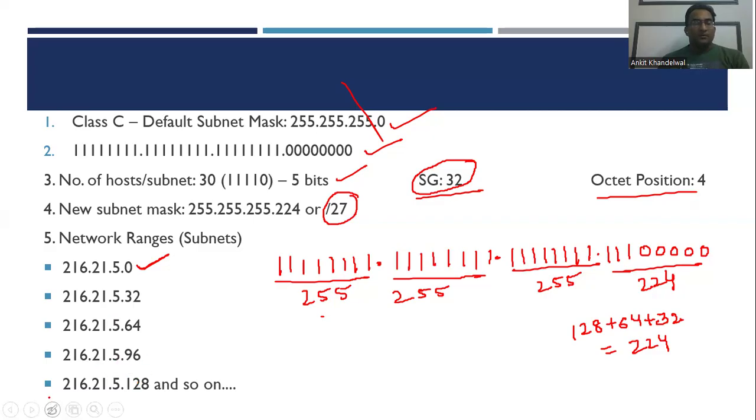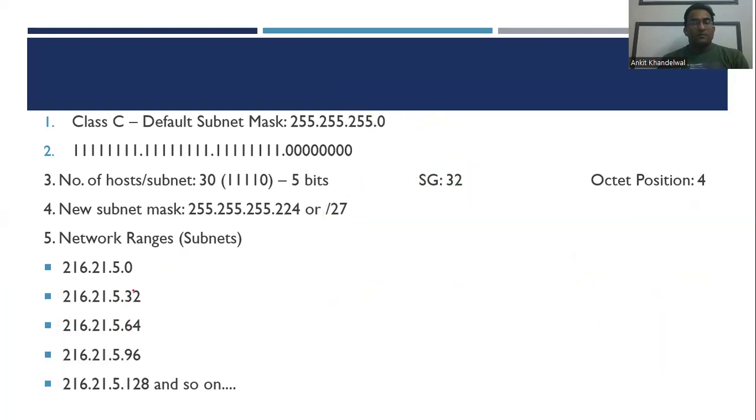So now we will find the range for each network. This is the first network, second, third, fourth, fifth network. The first network will go from 216.21.5.0 to 216.21.5.31.